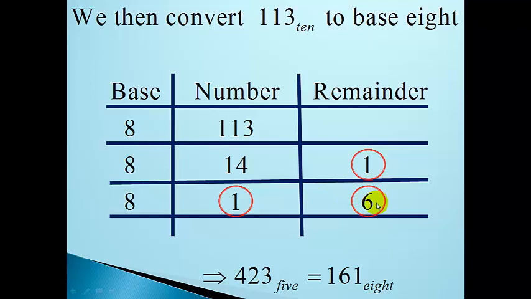Now because 1 is less than the base, we stop here and write it in that order. So we have 1, 6, 1. This means that 4, 2, 3 base 5 from the question is equal to 161 base 8.